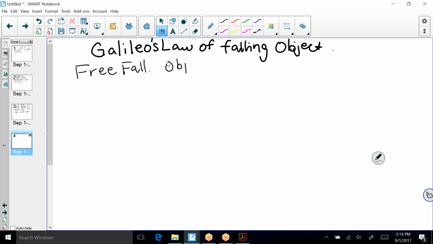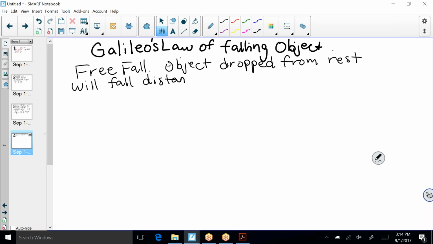And this is when we're talking about an object that's dropped from rest. And Galileo said that an object that's dropped from rest will fall at a distance that's proportional to the square of the time that it falls.